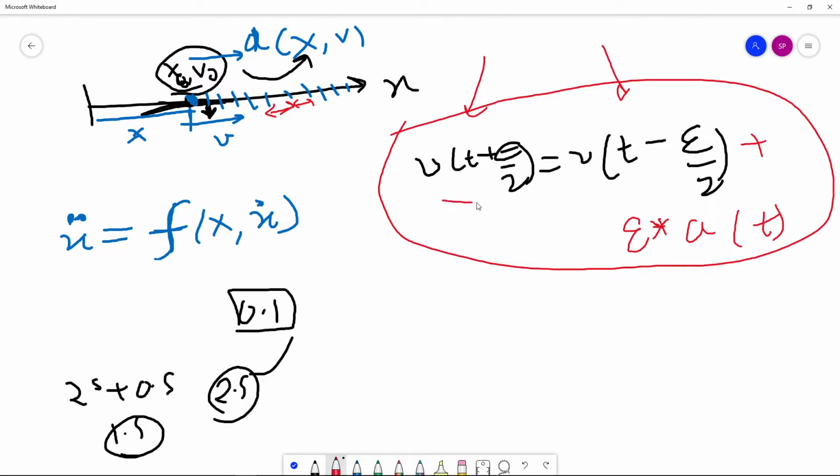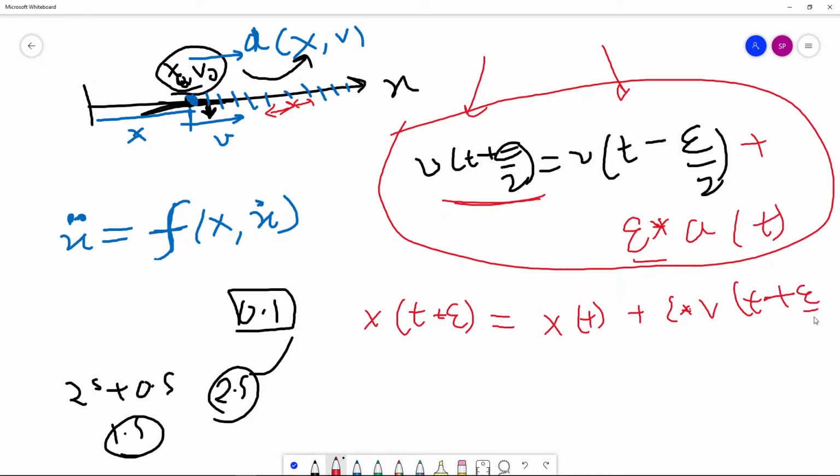And by using this new velocity, we can find the new position at t plus this time interval e, by using the position at the old time and adding this epsilon times the velocity at t plus e by 2.